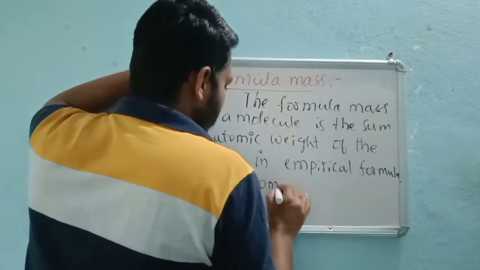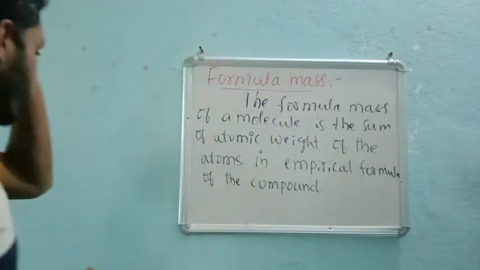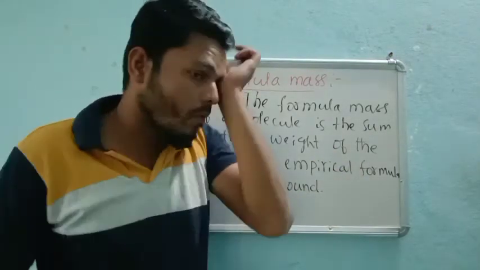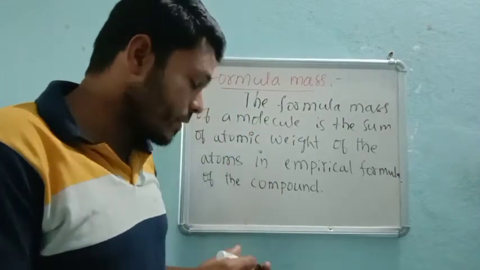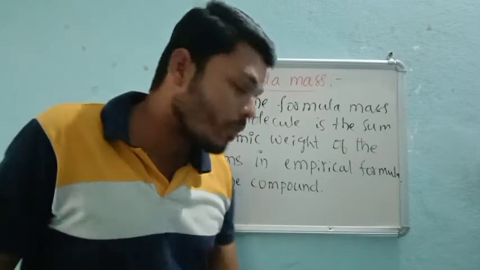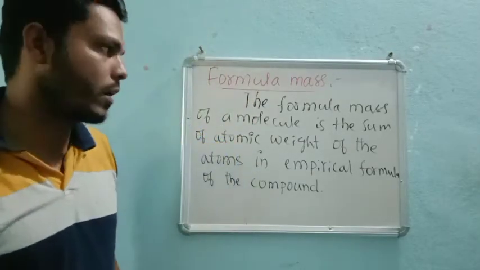So let me introduce you. I think you will not understand this concept directly. Now two concepts will come in this chapter: empirical formula and molecular formula. What is empirical and molecular formula, right?